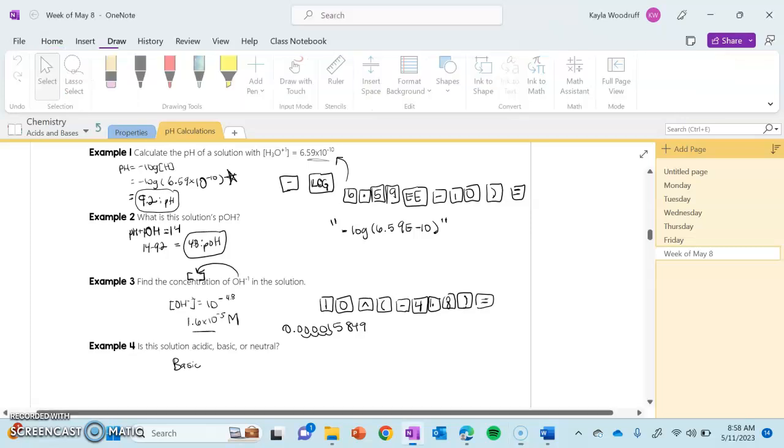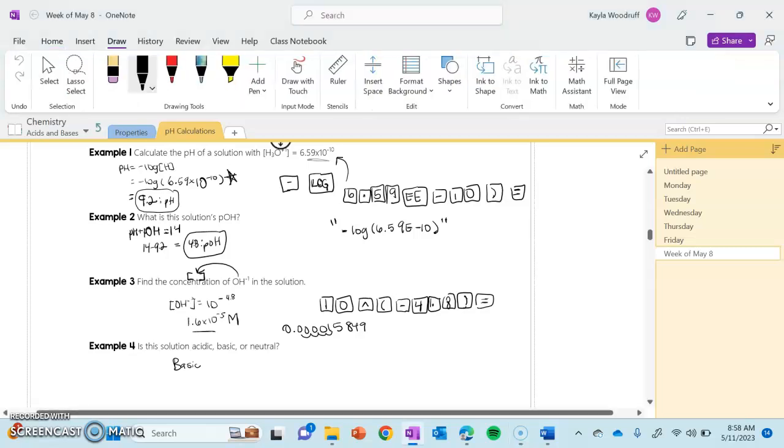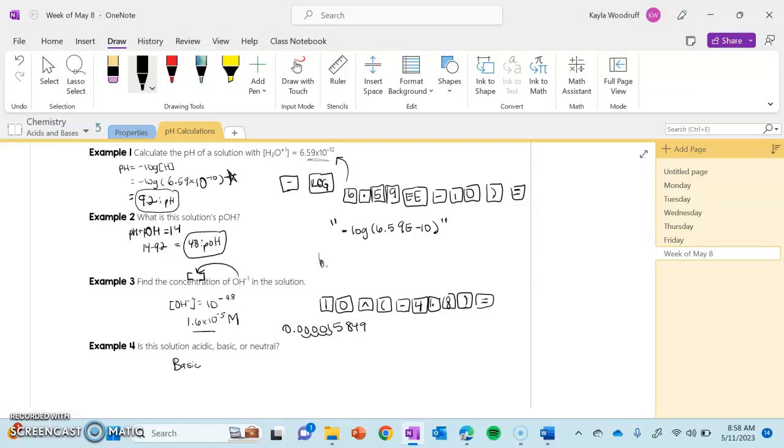So instead of writing the negative first, you would do your value that you want to log. So it would be the 6.59 negative 10. So do all of this first and then click the log button.